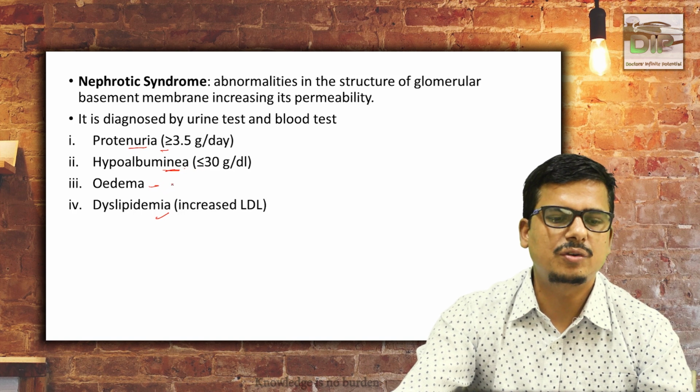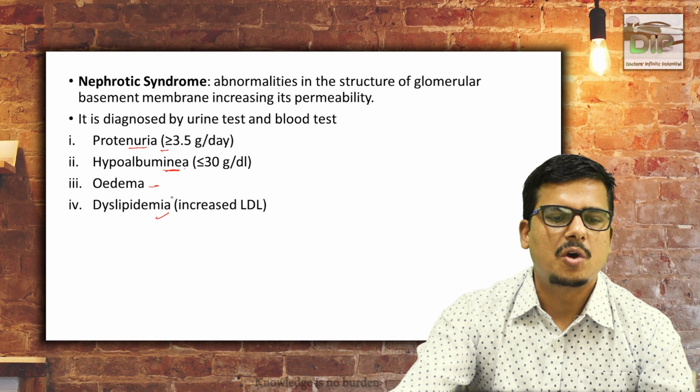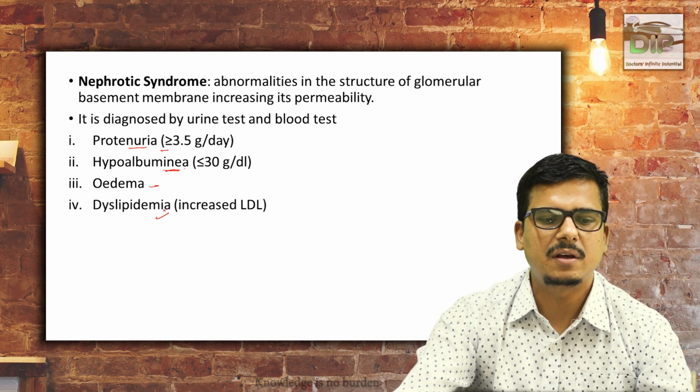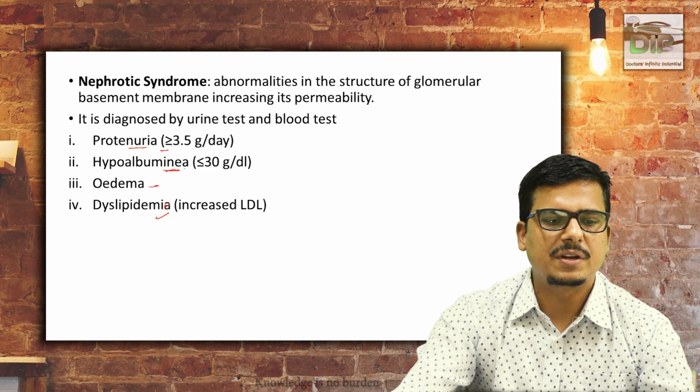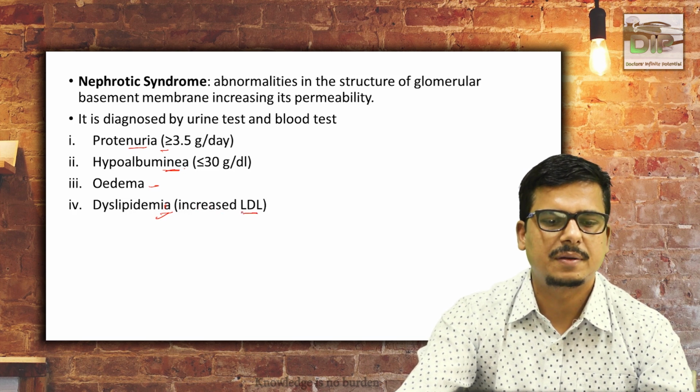And there is edema also and dyslipidemia. So these are the features. Whenever there is a deficiency in protein, the liver starts to form many proteins and lipoproteins. Those lipoproteins cause an increase in LDL, which is the bad lipoprotein. So these are the features of nephrotic syndrome.